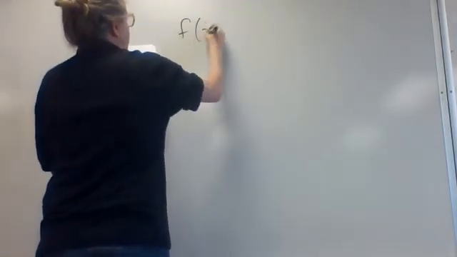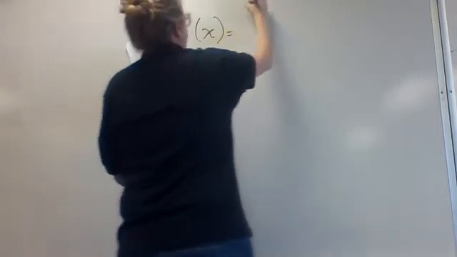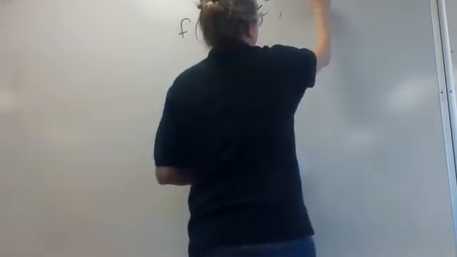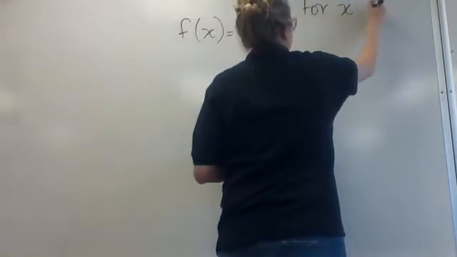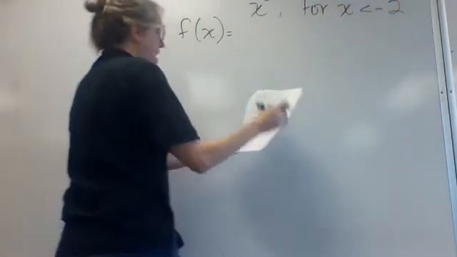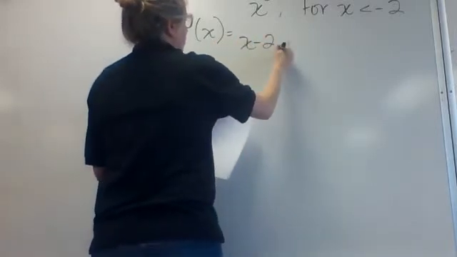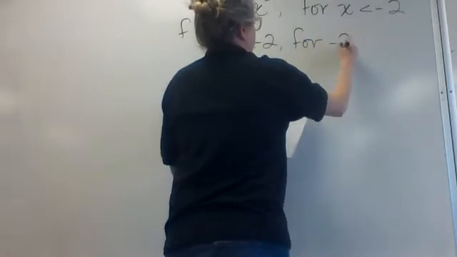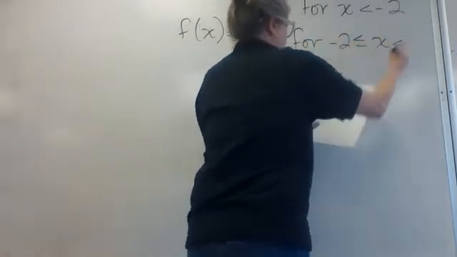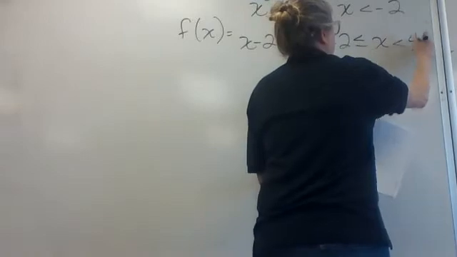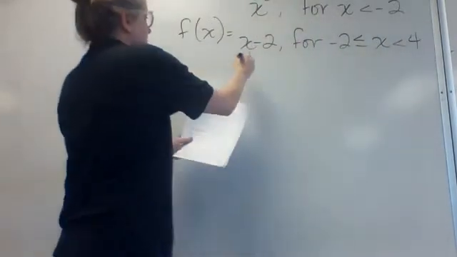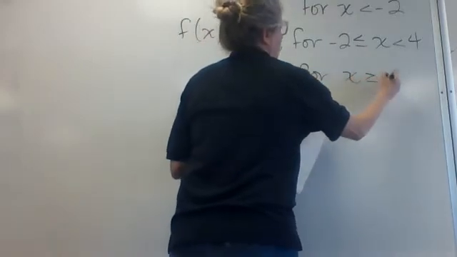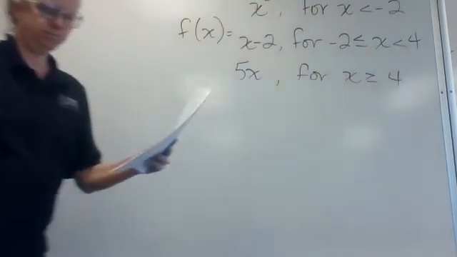So f of x equals x squared for when x is less than -2, x minus 2 for -2 is less than or equal to x, which is less than 4. And the last piece is 5x for when x is greater than or equal to 4.